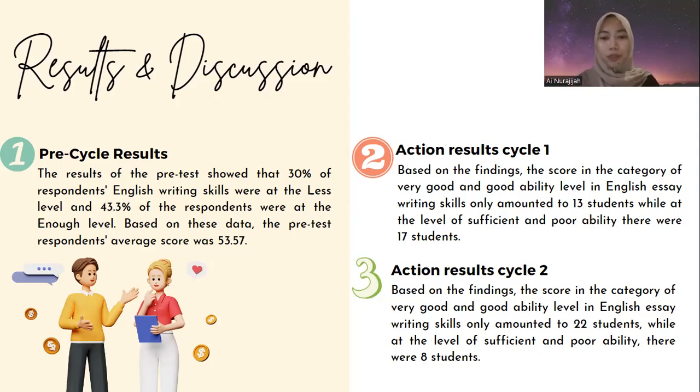And the third one is action result cycle 2. So based on the findings, the score in the category of very good and good ability level in English essay writing skills amounted to 22 students, while at the level of sufficient and poor ability, there were 8 students.